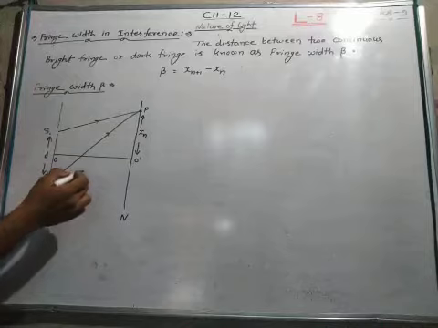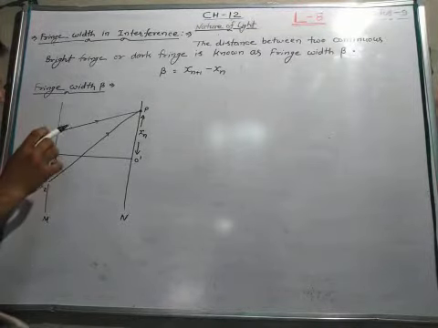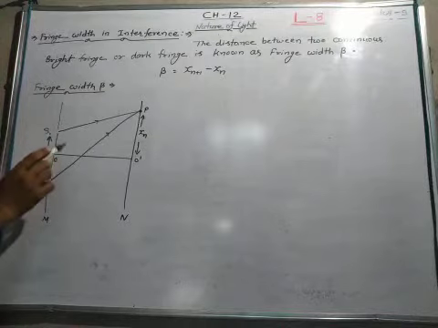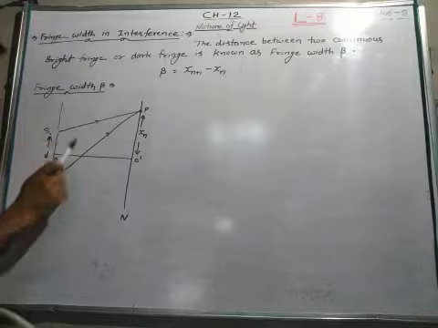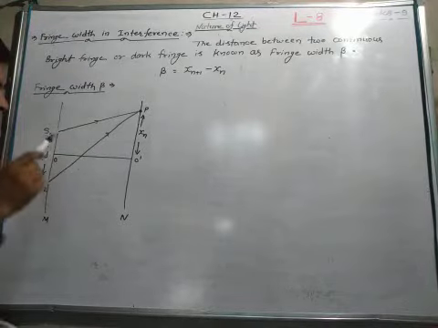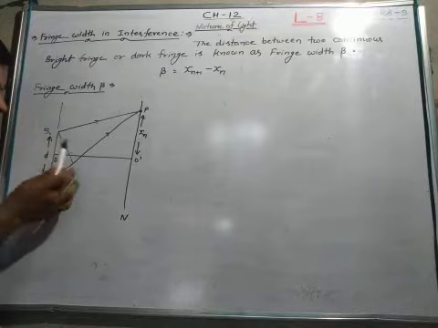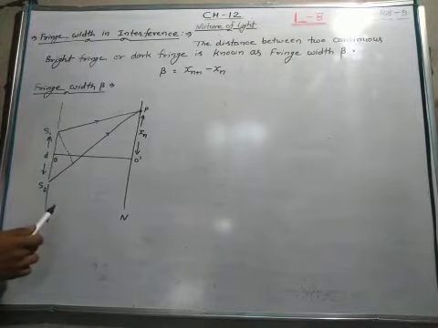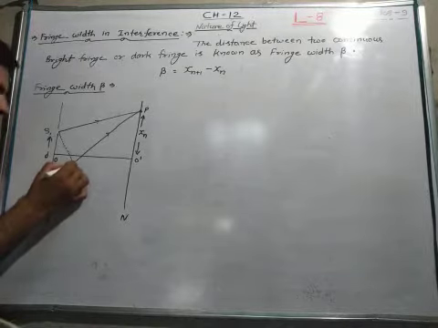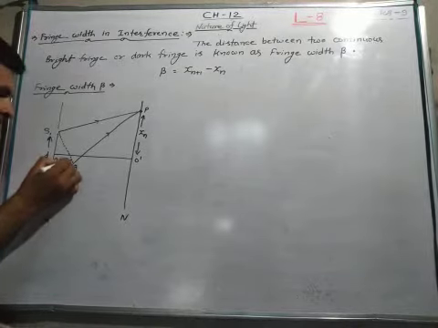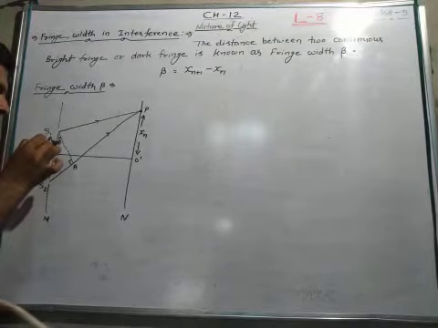Waves come to point P, so there is a path difference between both waves. The path of this wave is short and the path of this wave is long. So we draw a perpendicular at point A, and there is an angle theta.